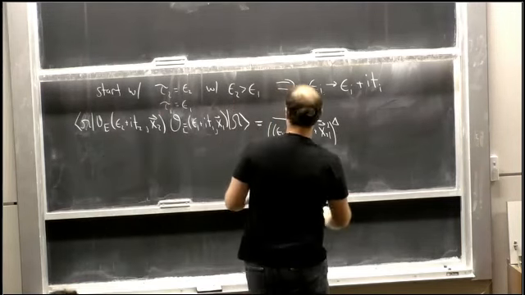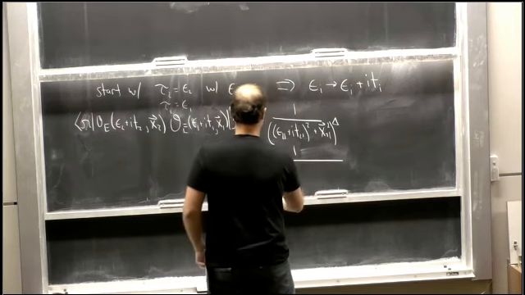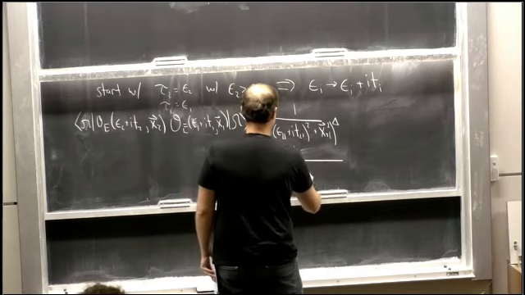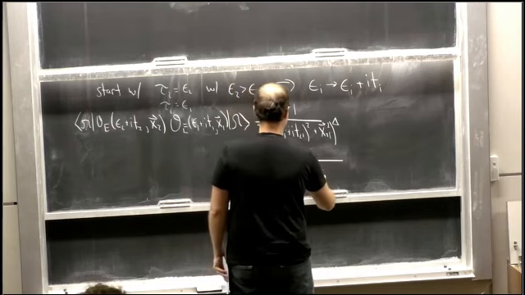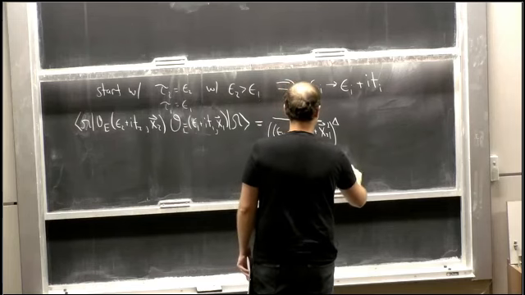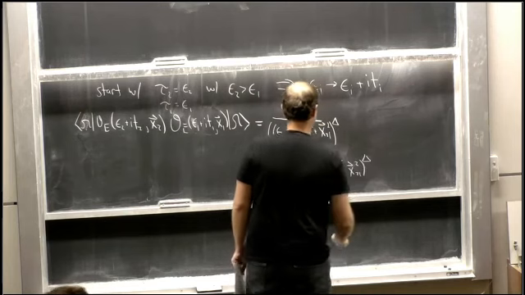And if we like, we can expand this out: 1 over (epsilon 21 squared plus 2i epsilon 21 t21 minus t21 squared plus x21 squared) to the delta.